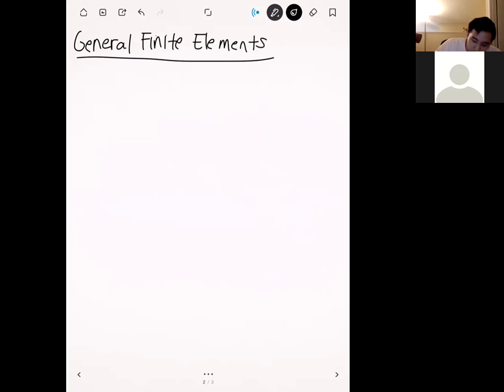And so just like we just mentioned, we're starting a new kind of unit on what I like to call general finite elements. Right. And I will say that I might be the only one that gives it this name of general finite elements.